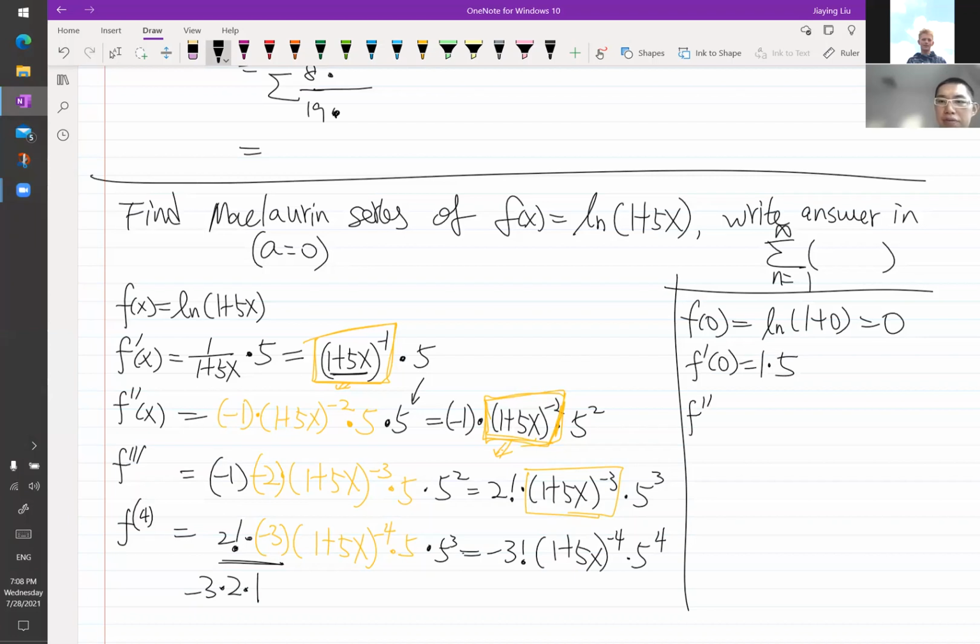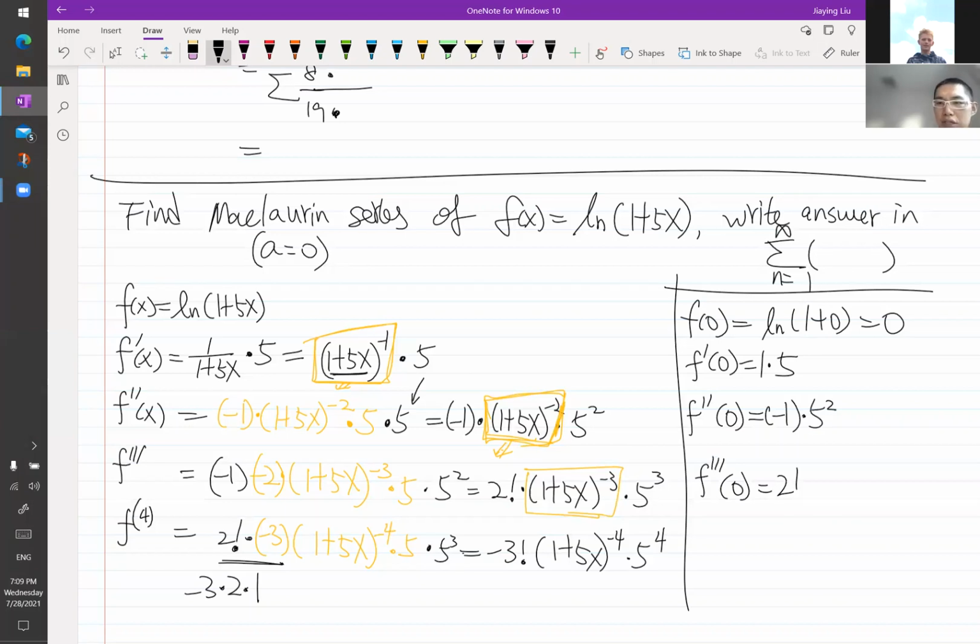The second derivative, evaluated at 0: we have -1 in front of it. Then the middle term in the box becomes 1. And then we have a 5 squared. The third derivative, when we put 0 in there, again, the part that I boxed will become 1.